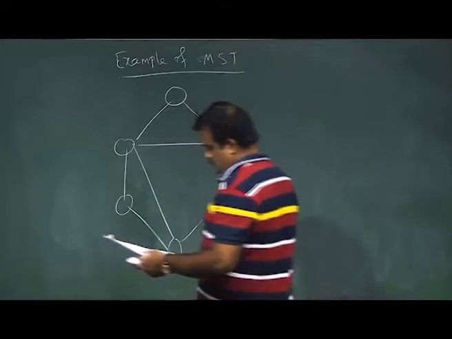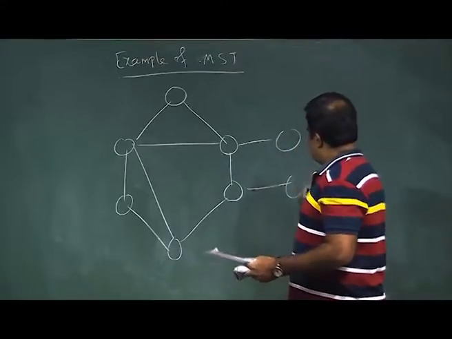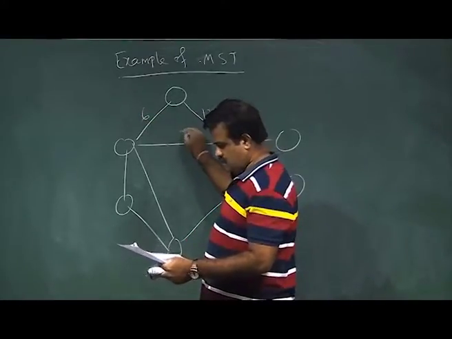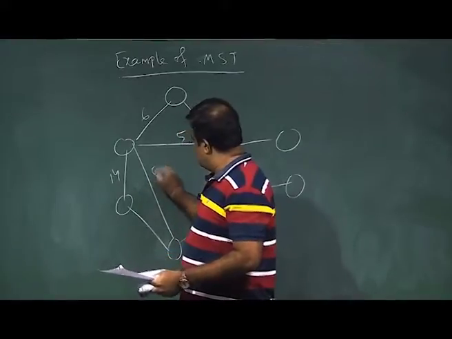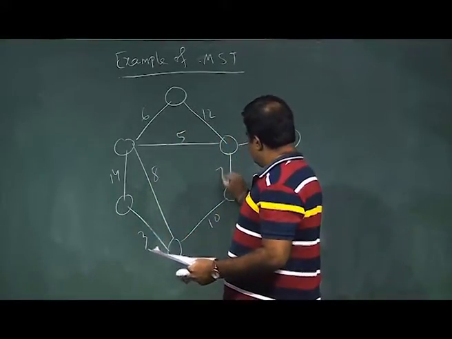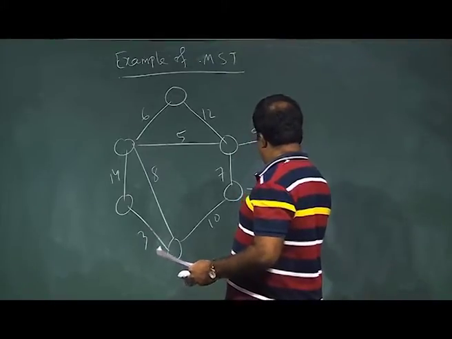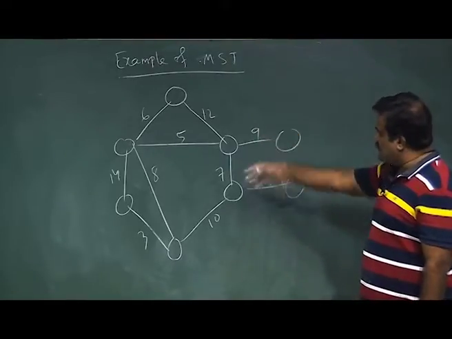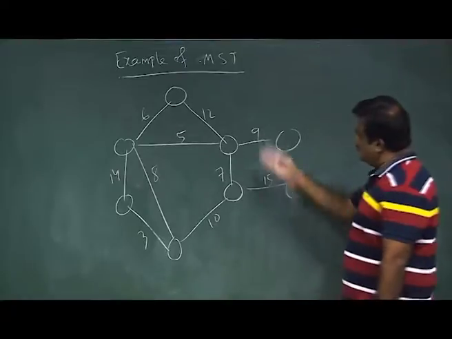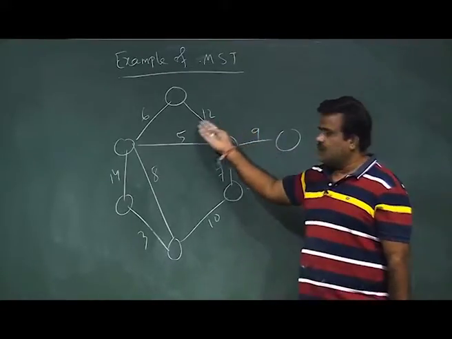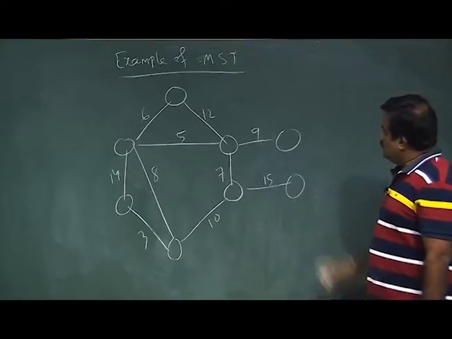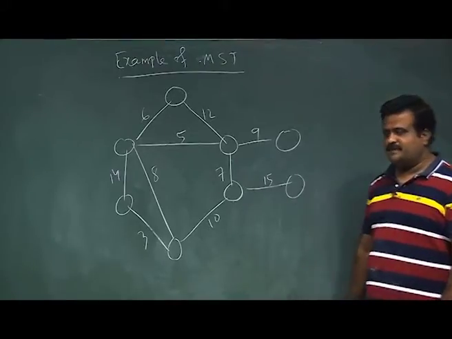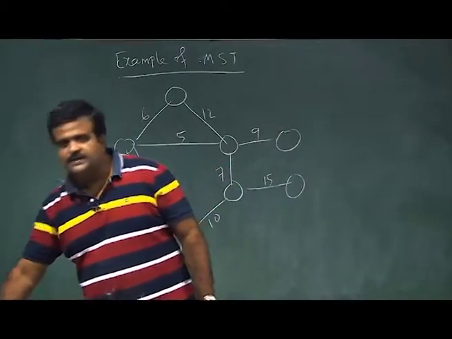Suppose this is the graph, with these vertices, and let us have the edge weights 5, 14, 8, 3, 10, 7, 9, 15. This is the input: a graph with this many vertices, these edges, and W, the weight function on the edges. Now we want to find the minimum spanning tree. Can you tell me which edges must be there in the minimum spanning tree?